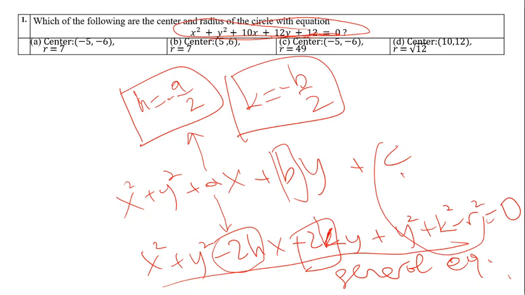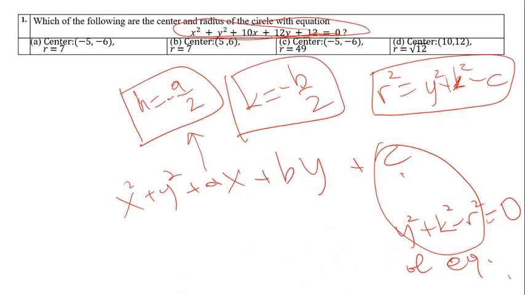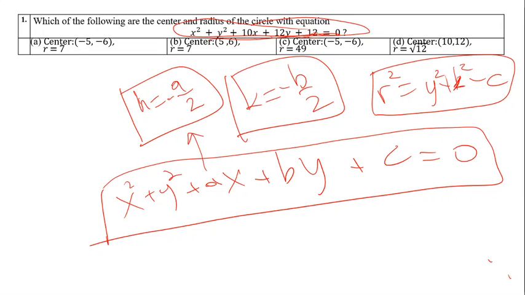And if you match c, the radius r squared will be equal to h squared plus k squared minus c. I told you where this form is coming from, but everything you have to know is how to get h, k, and r when this is given to you.